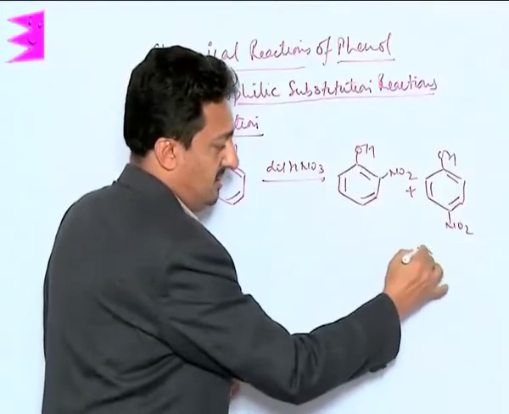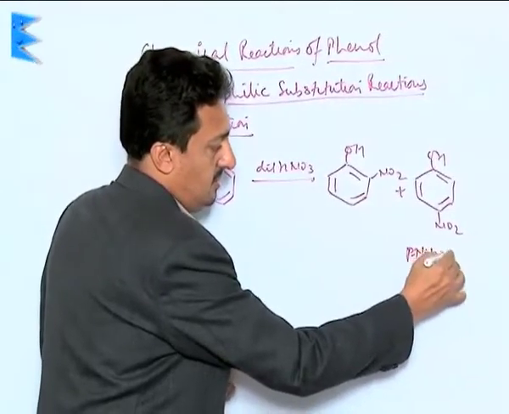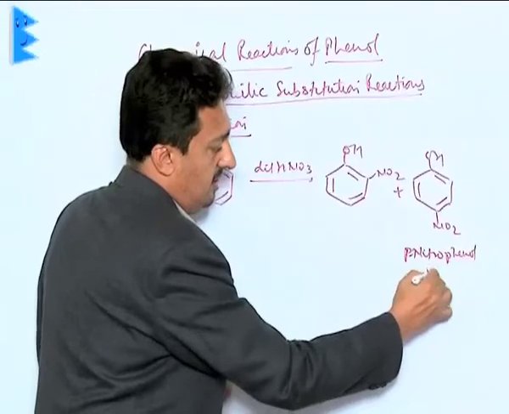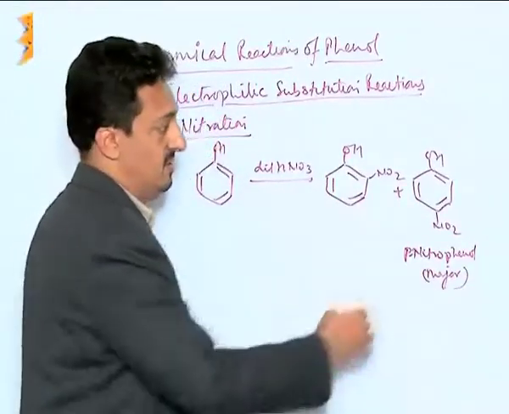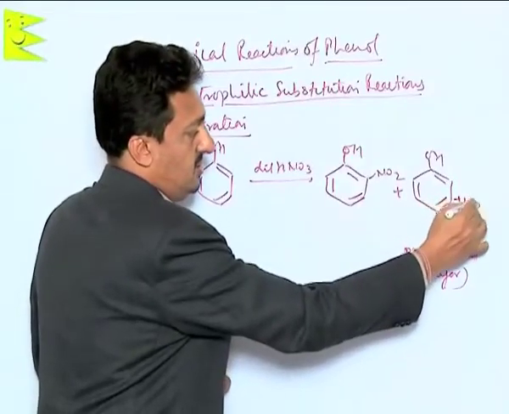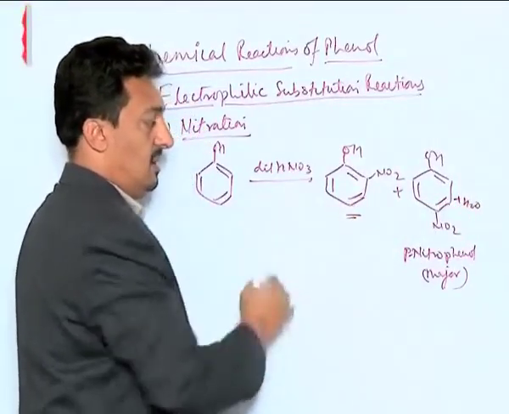This is para-nitrophenol, which is a major product along with, of course, water, and this is the minor product.